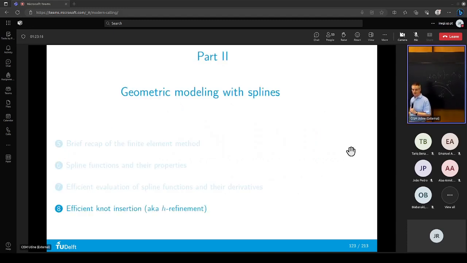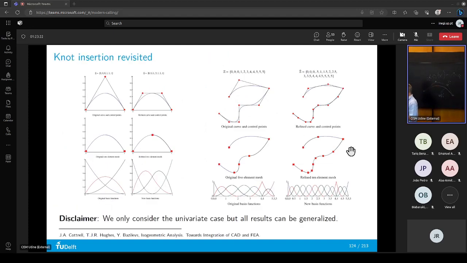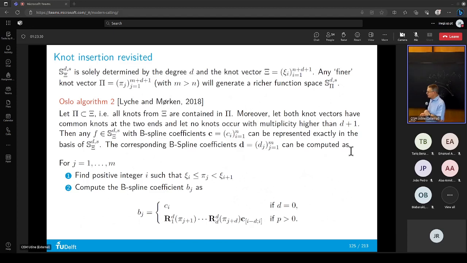Okay, and then knot insertion. That was the one thing. Mesh refinement, if you so want. Just reminding you of this slide, which we have seen before. That is also very easy with this matrix representation. So forget all these technical things and just focus here.